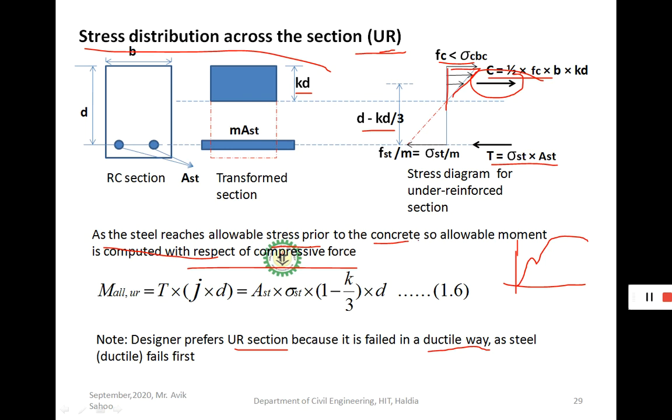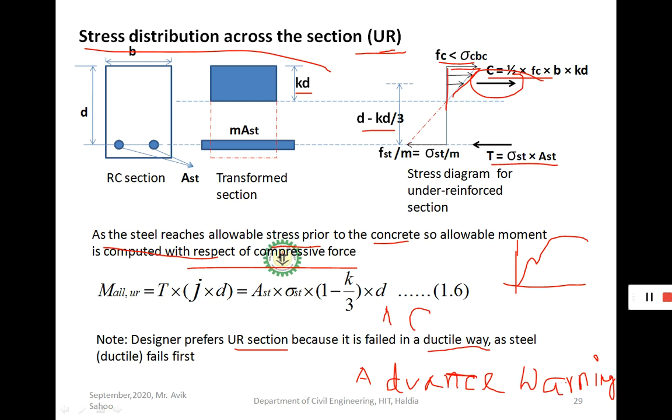The failure takes place gradually. We will get advance warning. Okay, so in ductile failure we'll get advance warning.